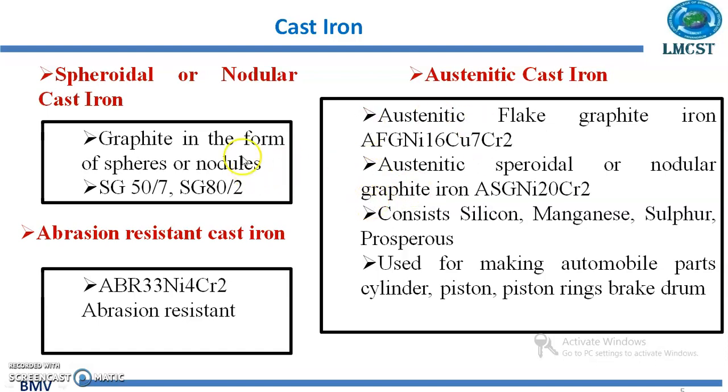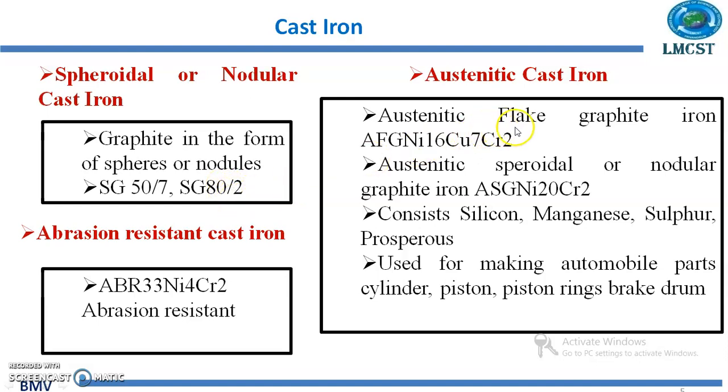Here the graphite is in the form of spheres or nodules, and the designation is SG50/7 or SG80/2. They have high tensile strength and good elongation properties. Here the first number indicates the tensile strength in megapascal, and the second number indicates the percentage elongation.